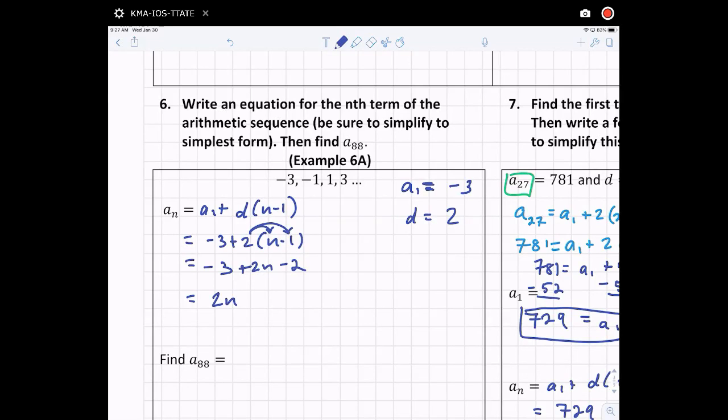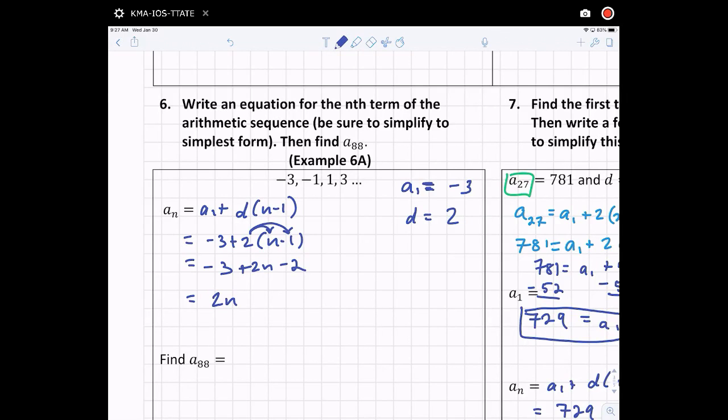What is -3 with -2? -3 with -2 is what? Oh, it's 2. Not quite. -3 and -2.